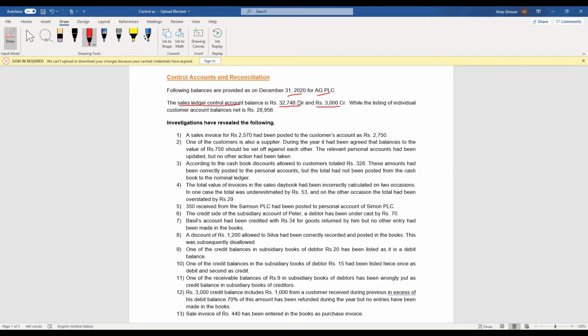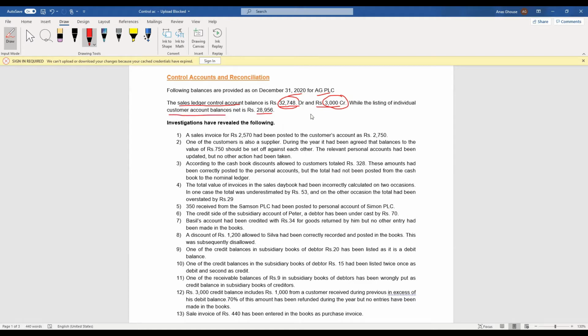Okay, so there are two balances given. One is debit and the other one is credit balance. While the listing of individual customer account balances net is 28,956. So you are given the individual customer account balance.